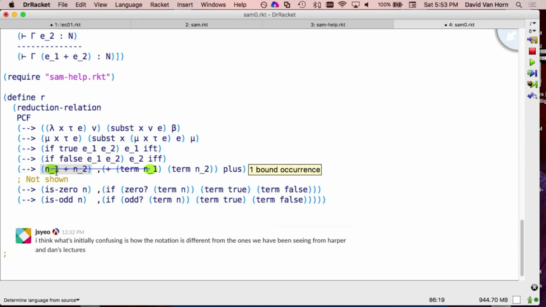On the left, we've written a pattern, just like in all the other ones, where we're saying something that matches in one, and then literally the plus sign, and in two. And then you'll notice here I've got this comma character, which is pronounced unquote. And what I'm saying is I'm not in the term language anymore.